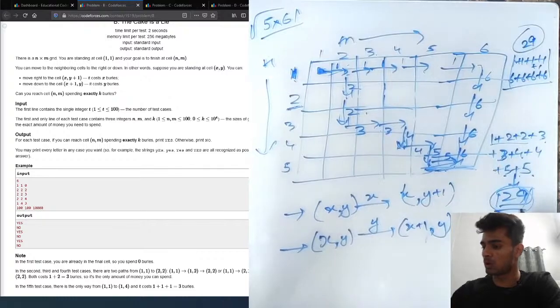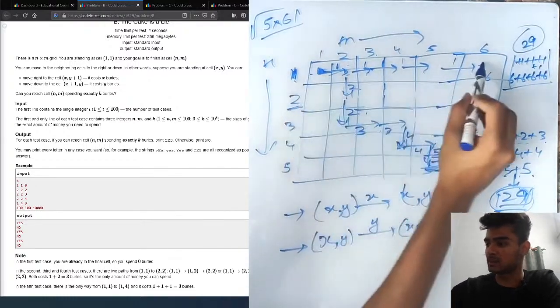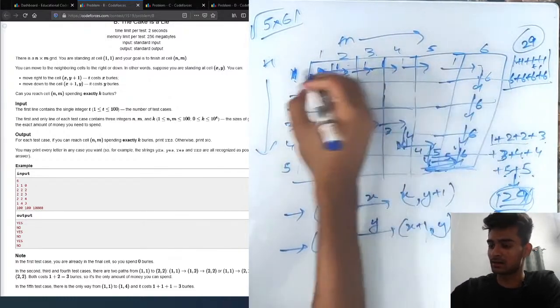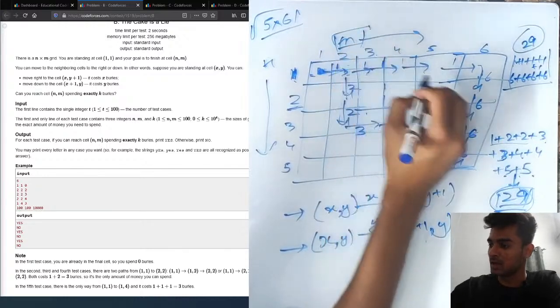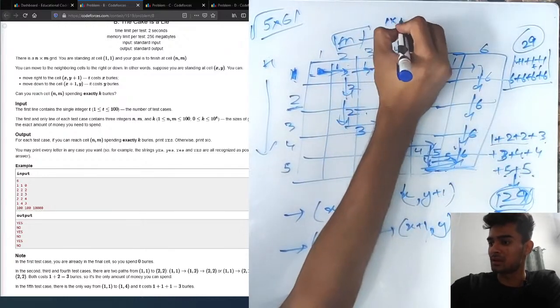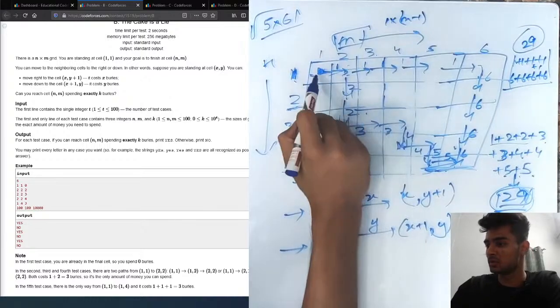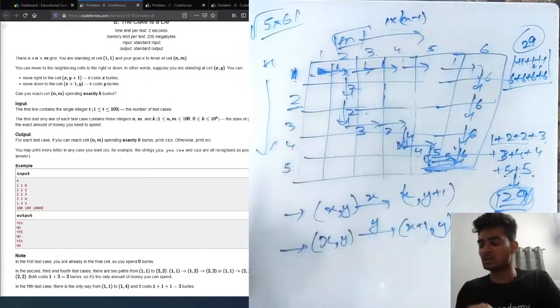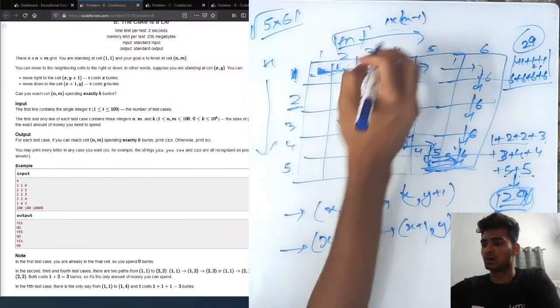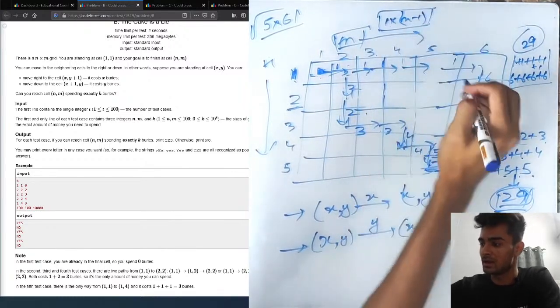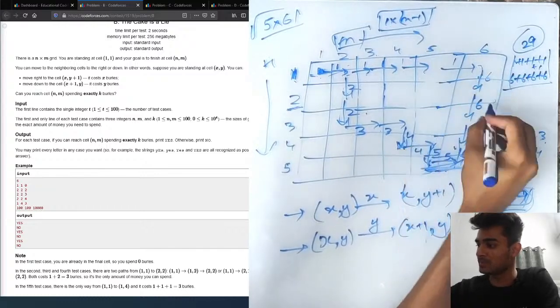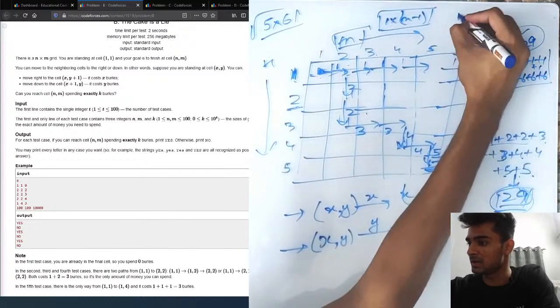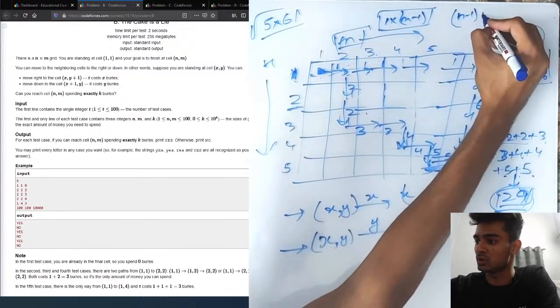Now let's see what this total sum is. Let's fix this path. Now in this path, if this was m, we actually had 1 times m minus 1, because we moved m minus 1 times, and for every move we had a cost of 1. So this is 1 times m minus 1, and while moving down we moved n minus 1 times, and the cost was equal to m.